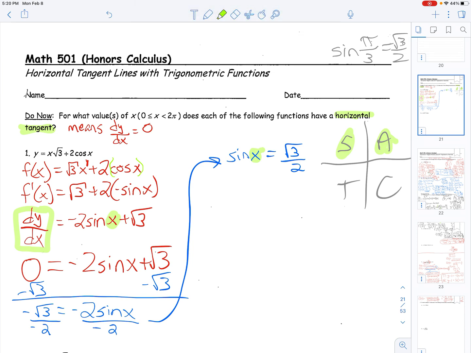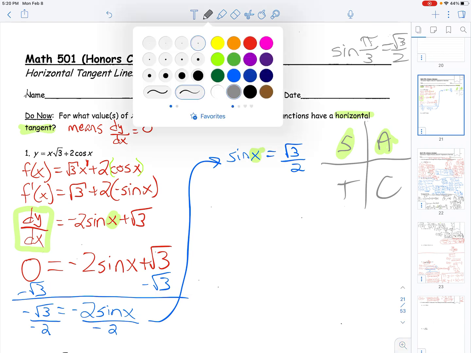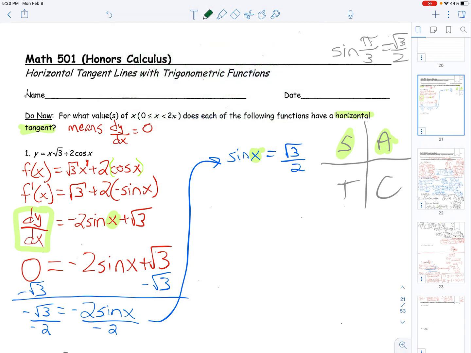Sine is positive in quadrant 1, but it's also positive in quadrant 2, so we need to get the quadrant 2 angle also here. Quadrant 1 we got: pi over 3 is the angle. Now we've got to get the quadrant 2 angle.